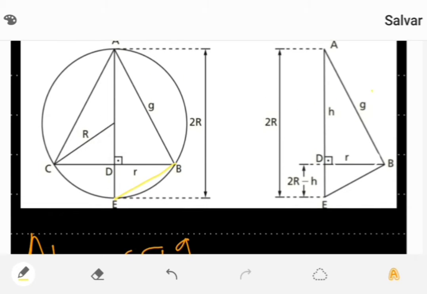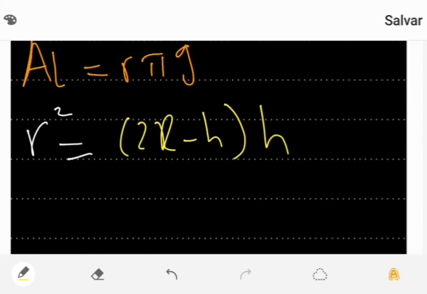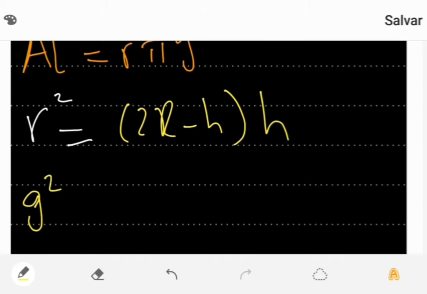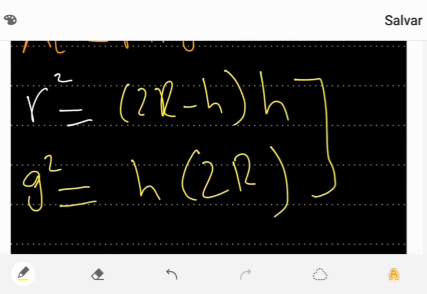The second formula tells you that G squared is equal to its shadow H multiplied by the whole thing, 2R. So G squared is equal to H multiplied by 2R. Again, these are metric relations in the right triangle, if you need to look them up.